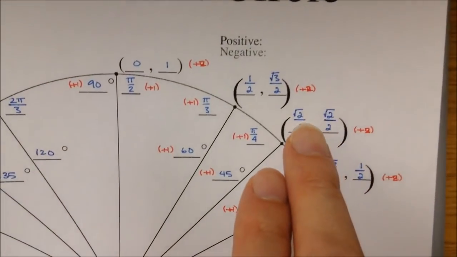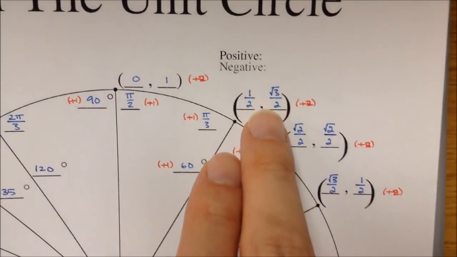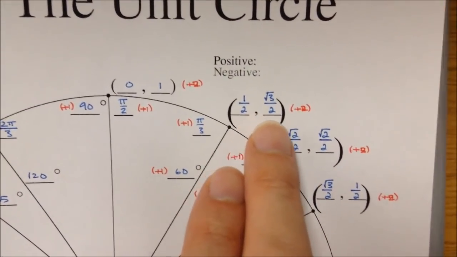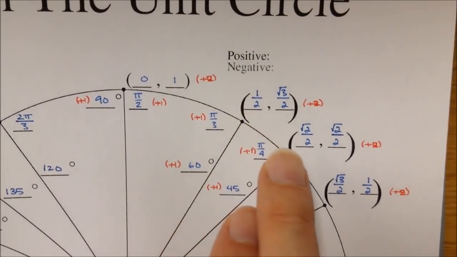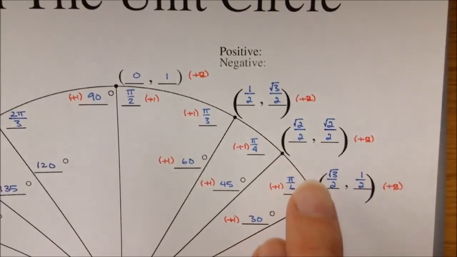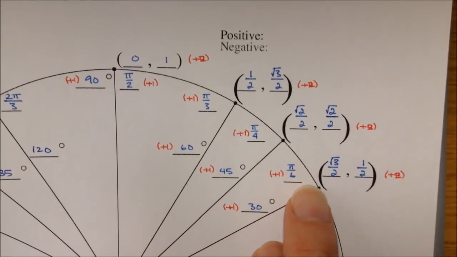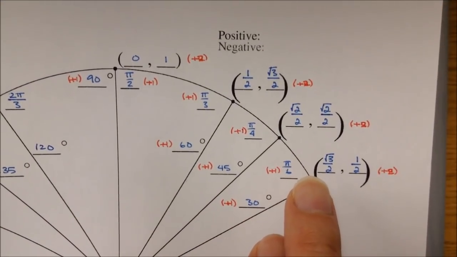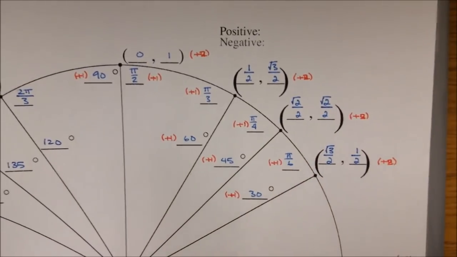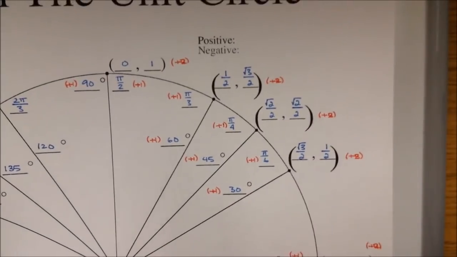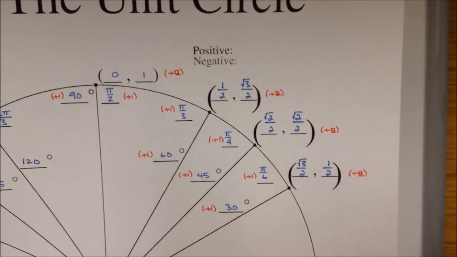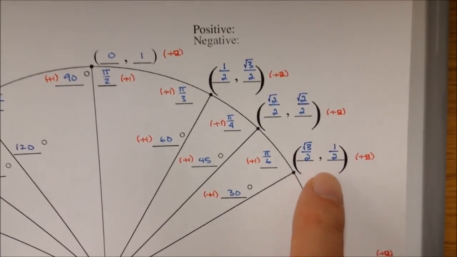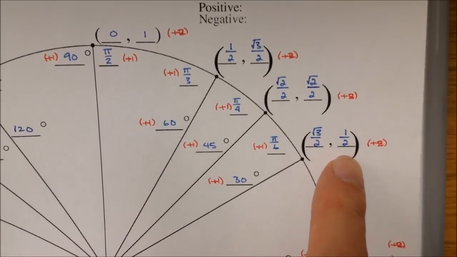So the ones on the right are the y values. Those are the values for sine x. The ones on the left, 1/2, square root of 2 over 2, square root of 3 over 2, are the x values, or values for cosine of x. So typically, we're going to look for the values that are on the left. So here, coincidentally, there's 1/2.